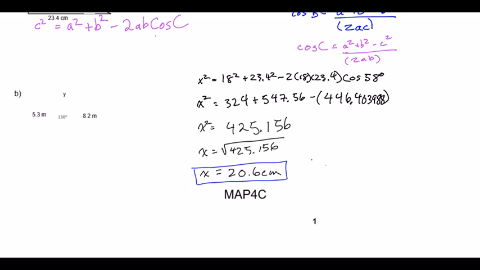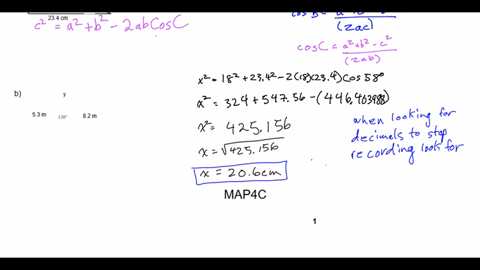So remember the hint. When looking for decimals to stop at, look for 0, 1, or 2 after a really high decimal such as 8, 9, or 7.